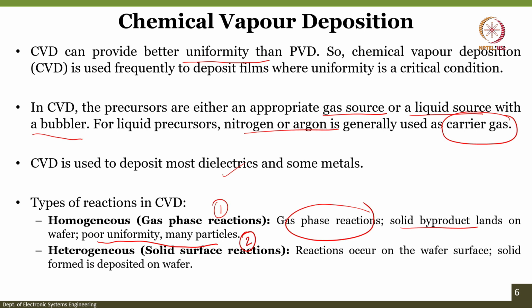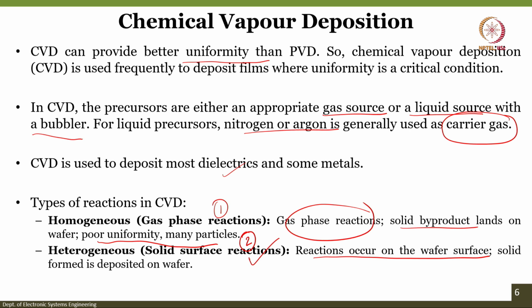In the other case, you can have a heterogeneous or solid surface reaction, and that is the type of reaction that is preferred in a CVD chamber, because in this type of reaction, the actual chemical reactions happen on the wafer surface itself, and a solid film is deposited or formed on the wafer.